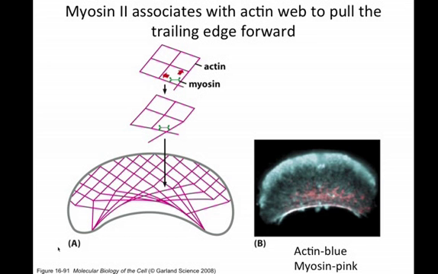But then at the rear, this rear is trailing. And so here you have a different type of actin forming. And then you have myosin 2 associated and contracting your rear to help bring it forward.